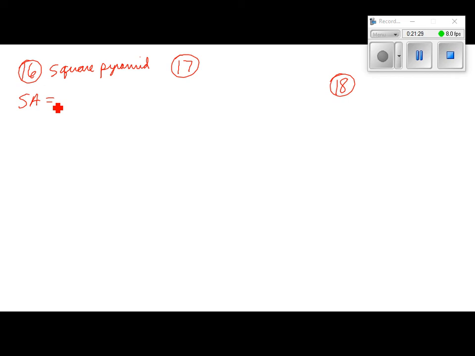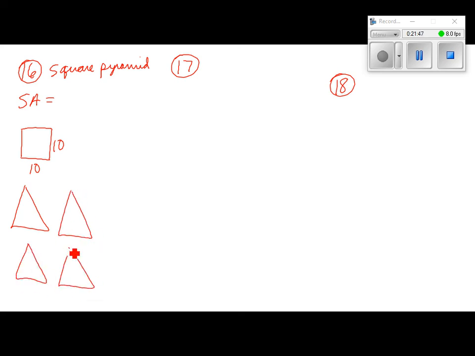Since it's a square pyramid, our base is a square and it's 10 by 10, so that's one of the faces. Our other faces are 4 triangles, but the nice thing about this one is if it's a square pyramid, we know all 4 of those triangles, even though mine don't look like it, all have the same area. So all we've got to do is find the area once.